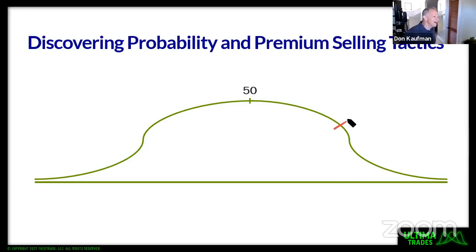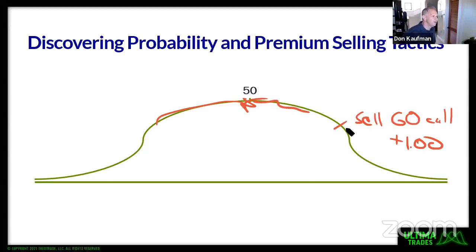What I am telling you, though, is if you sell the 60 call for $1, this trade has an incredibly high probability, because the stock can go down, the stock can stay flat, the stock can even go up, and you're still making money. There's probably a 90% probability associated with that.